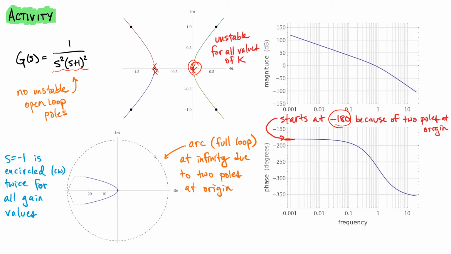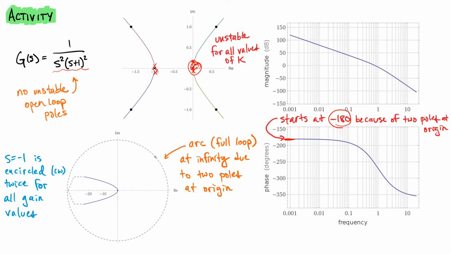So when this is very close to 0, we have 2 copies of 90 degrees pointing directly up to that point. And so for any positive value of frequency along the imaginary axis, we're going to get 2 copies of -90 because of those 2 poles at the origin.